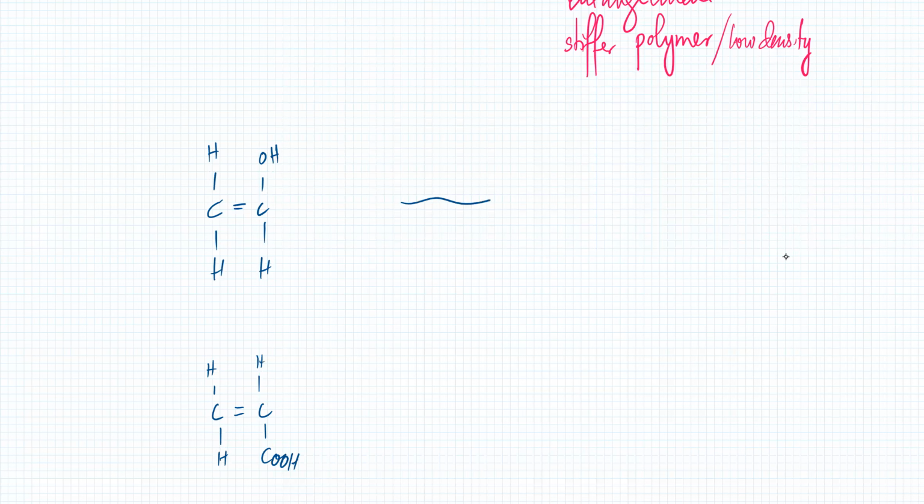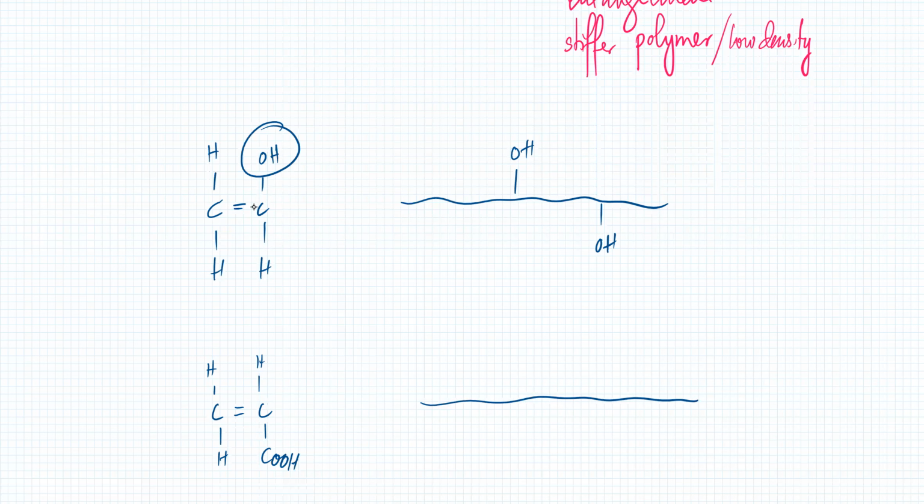So when many of these would join up, there's always going to be an OH group coming out of it, because the original molecule had an OH coming out of the carbon chain. Is that idea clear? Yes, sir. And there's this other molecule, and when I polymerize this, think of the carboxylic acid group that would be coming out of it.